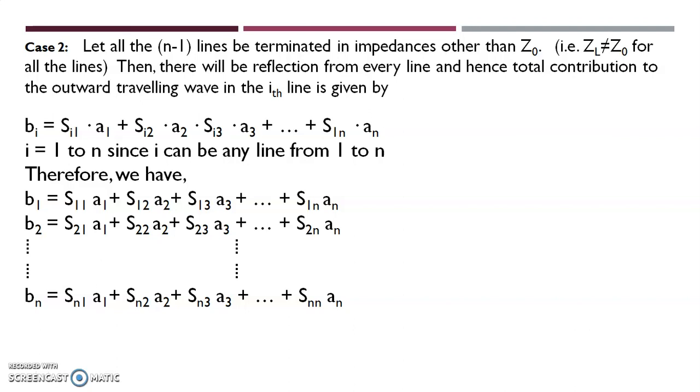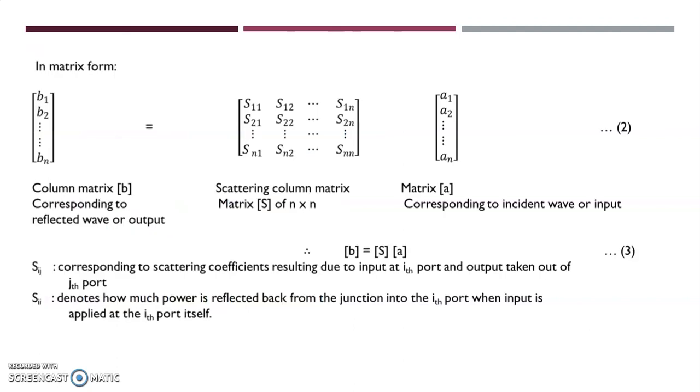Like this, Bn is equal to and so on. Just go on putting the values of i from 1 to n, and we will get n equations. All the n equations can be represented in matrix form. So in this matrix form, you can write B1, B2, up to Bn, which are called the reflected waves, A1, A2, An are called the incident waves, and this is the n by n matrix, which will give you the scattering parameters.